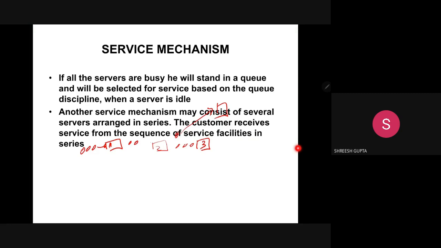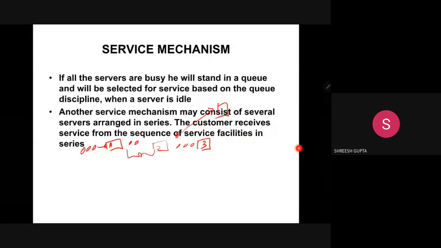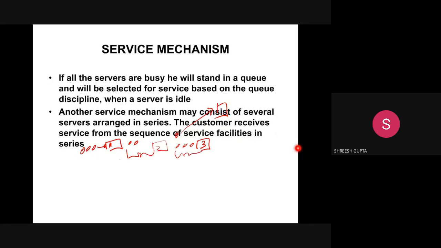For example, in a computer system, in the RAM, we have a finite buffer, right? More than that buffer capacity, you cannot accommodate the data. So you have to wait for the processing, right?